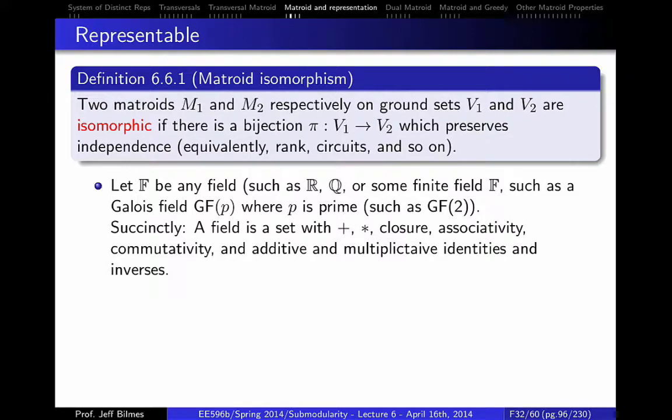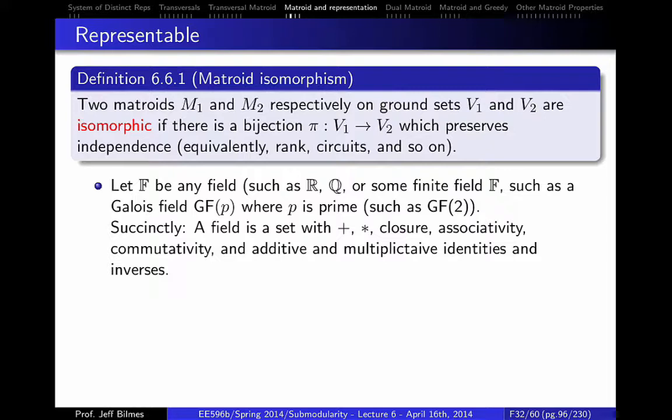For example, you can let F be any field. A field could be the real numbers, or the rational numbers, or any field like a Galois field, like GF2, which is the binary numbers, with binary modulo 2 arithmetic. And you could define a matrix on a field.